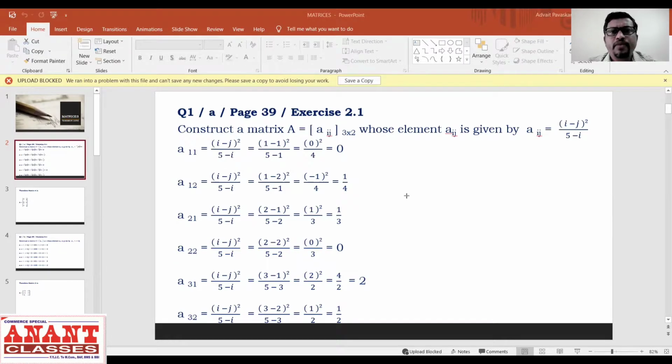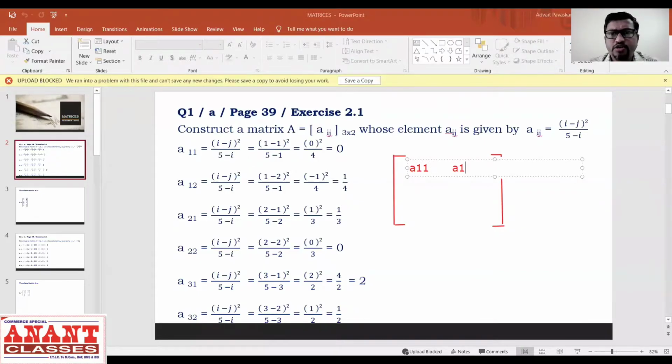So see here, ये matrix जो होगा, that matrix will look like this. So here it will be a11.